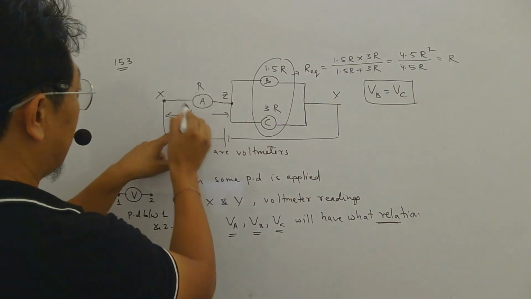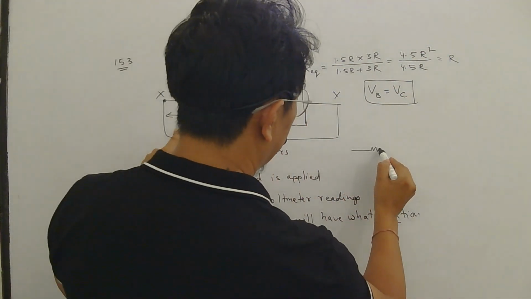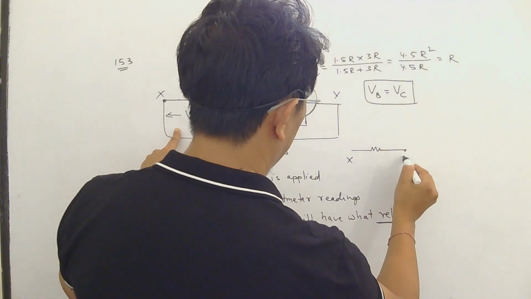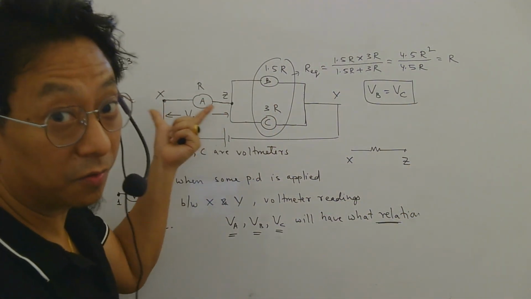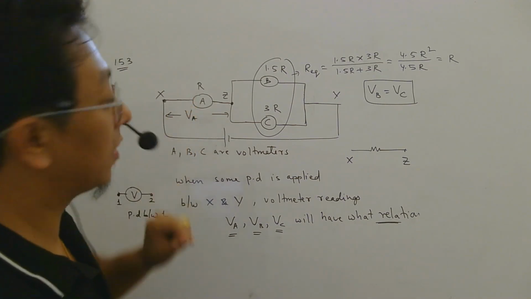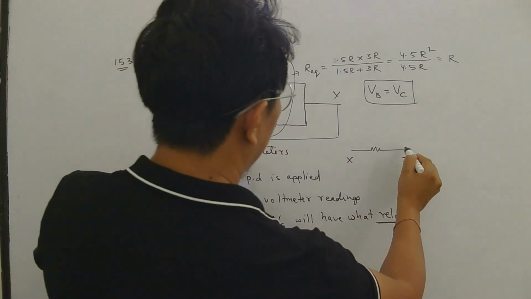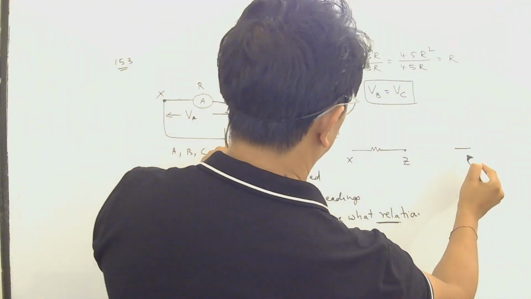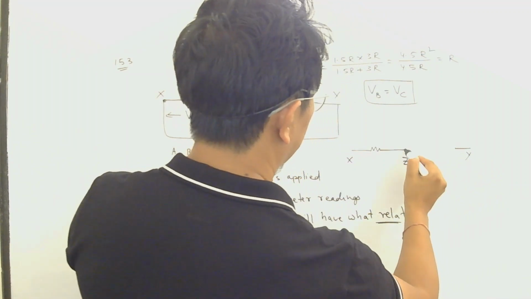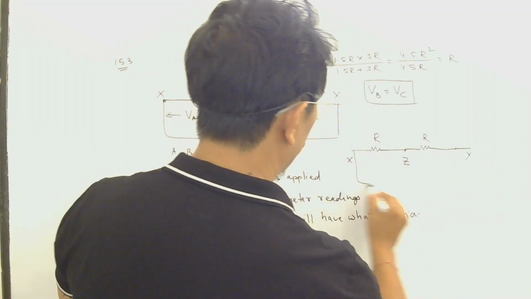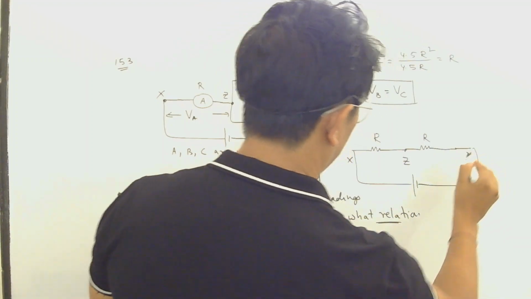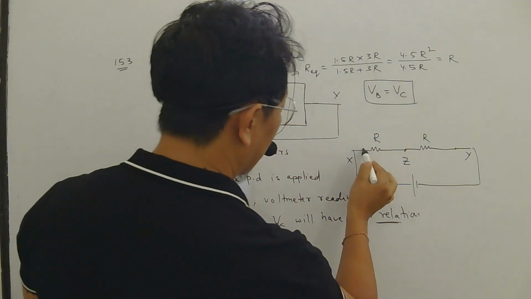That means if this resistance is R between X and Z, which is the voltmeter reading VA of this device, then between Z and Y, what is the equivalent resistance? R itself, we have found. Now no matter what battery you connect, in series the current will be the same.